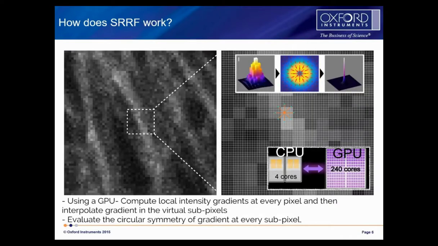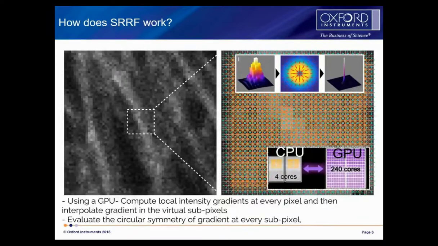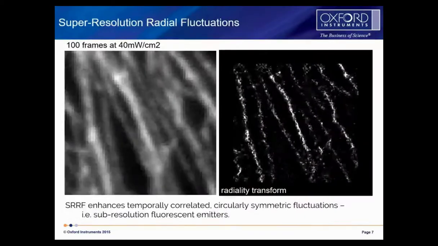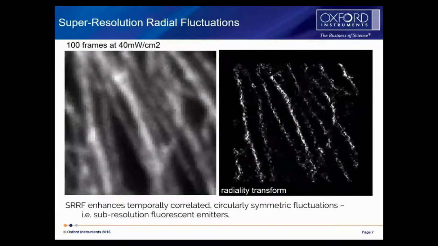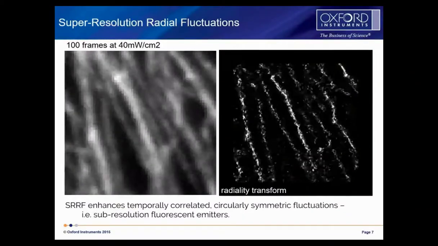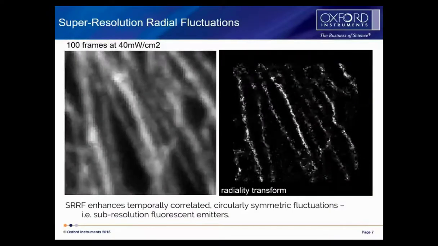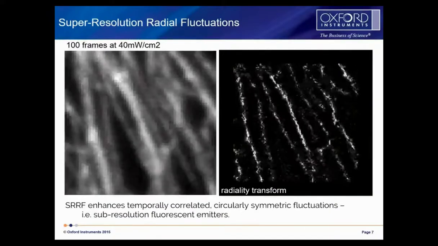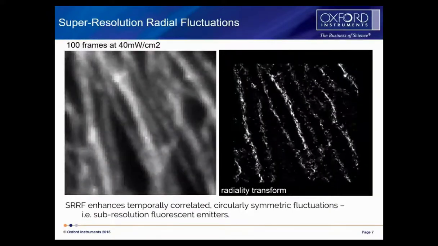GPUs are well known for other techniques now, such as deconvolution. By using the sheer processing power of the GPUs, we're able to do this very, very quickly. So we're taking 100 frames, very short exposures, say 10 milliseconds, and then we're trying to work out where the emission is coming from.